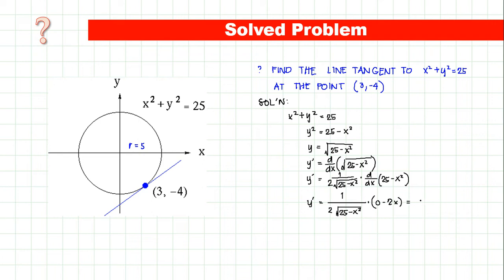And to simplify, we have negative x, right? The two 2s will cancel. So we have negative x all over the square root of 25 minus x squared, right?